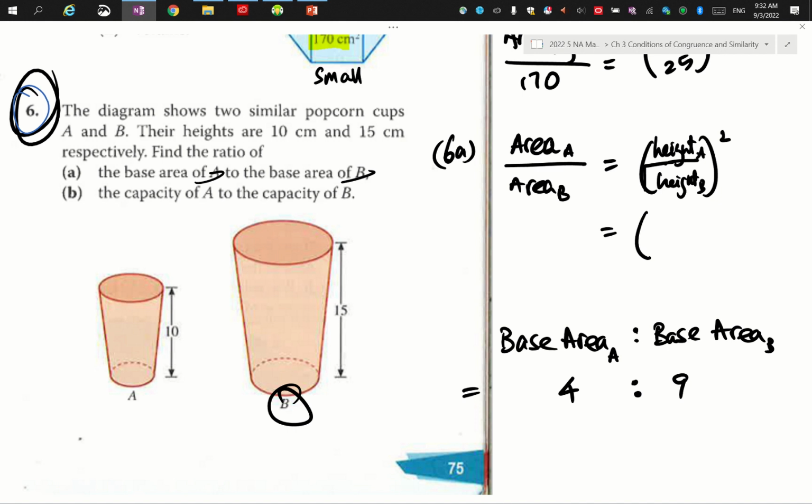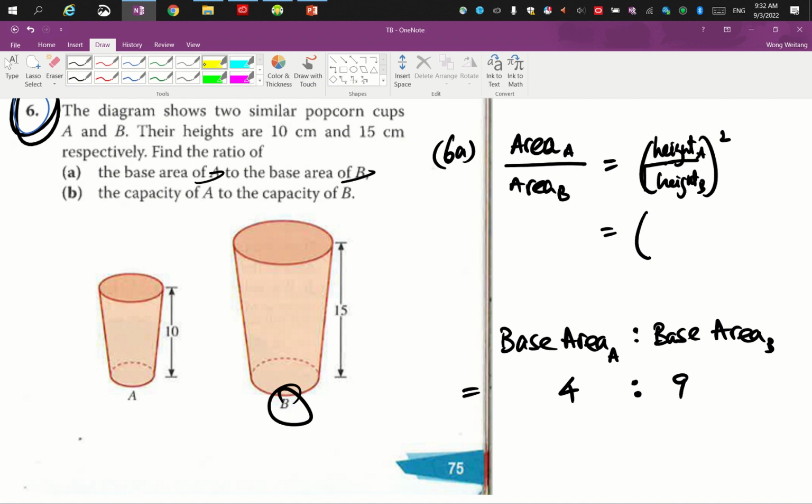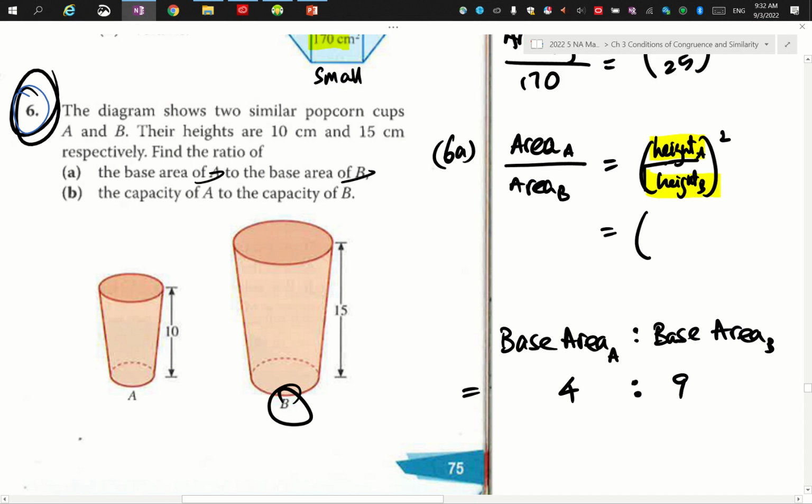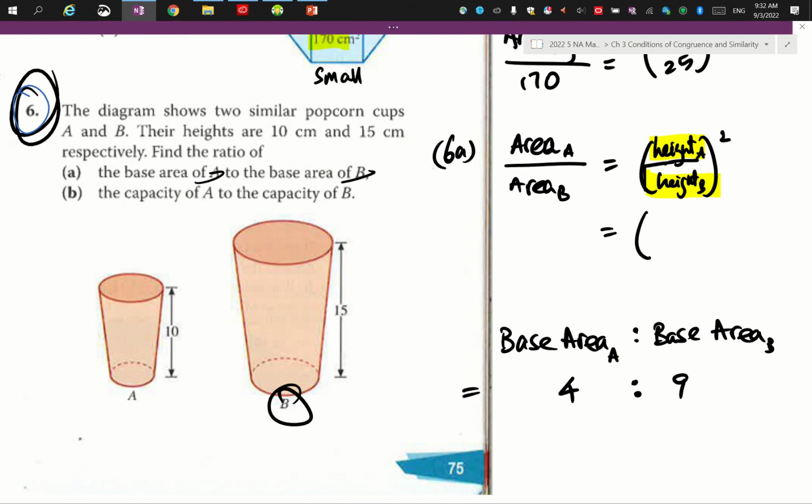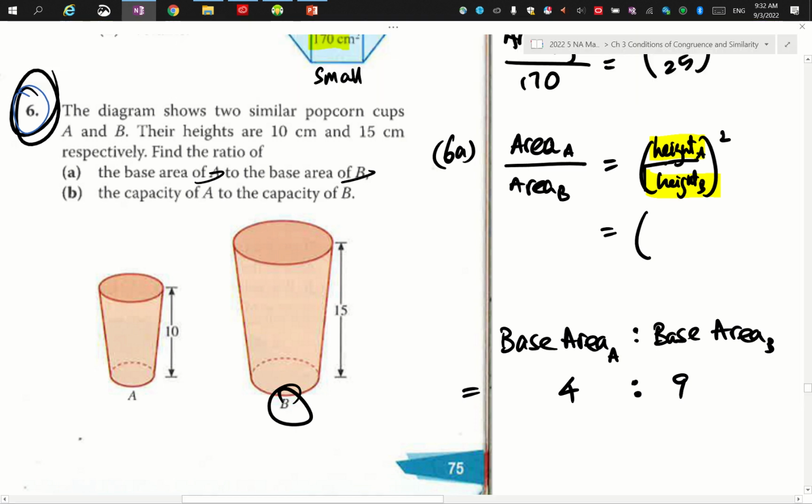Still area. In fact, the word height over here that I'm using, sometimes when I get so lazy, I just write side, side, side. Even though it is a height, even though it is a length, even though it is perimeter, I just write side. Because it doesn't matter. S-I-D-E. Side. Corresponding sides. Okay? But to give more context, you can be more precise with your presentation.